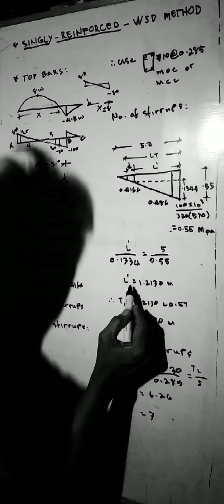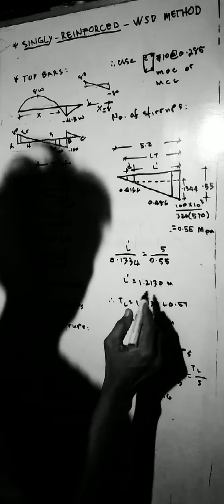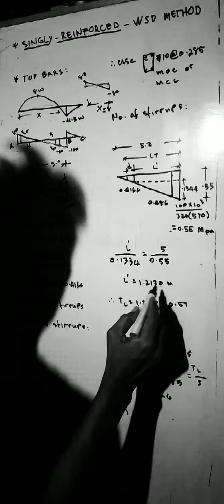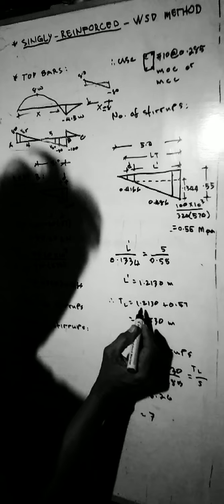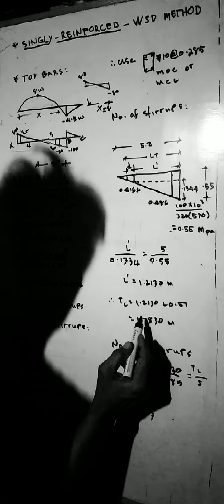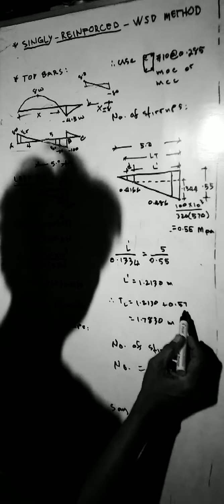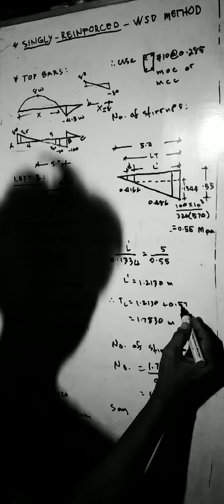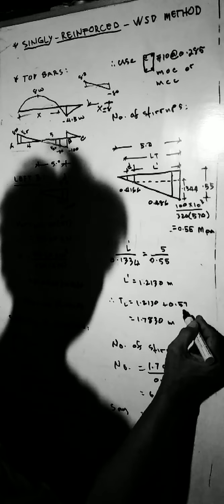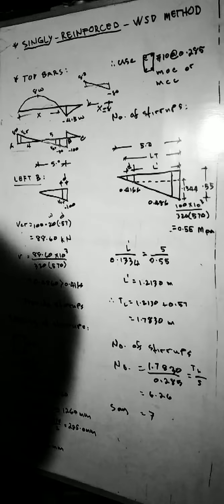Therefore L prime will give us 1.2130 meters. So LT now is 1.2130 plus 0.55.